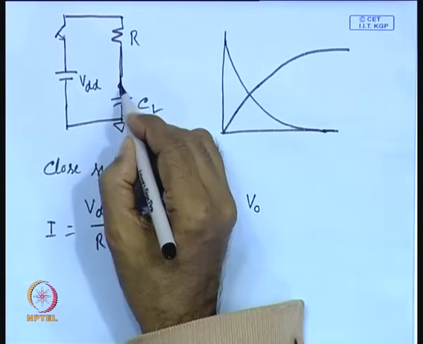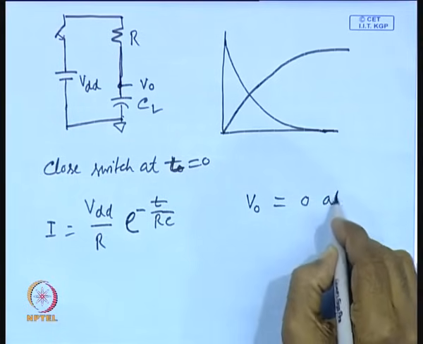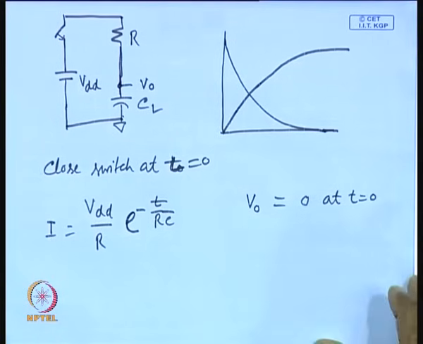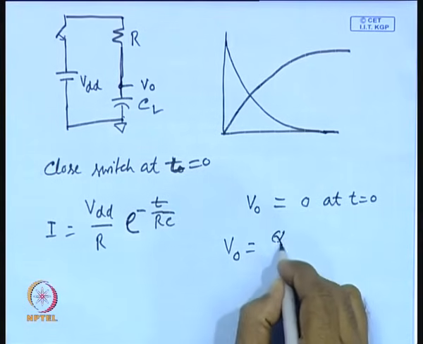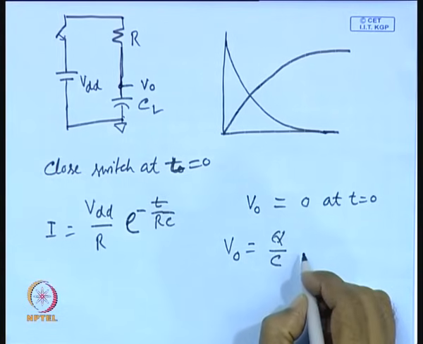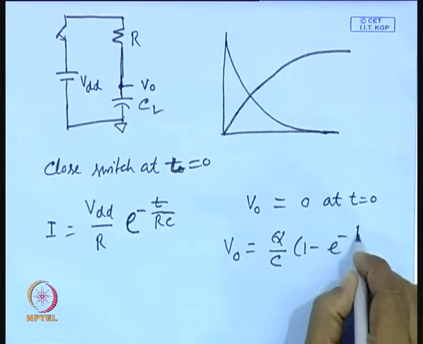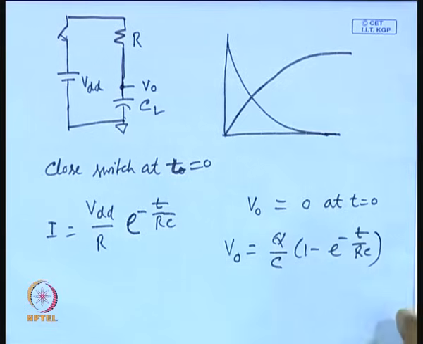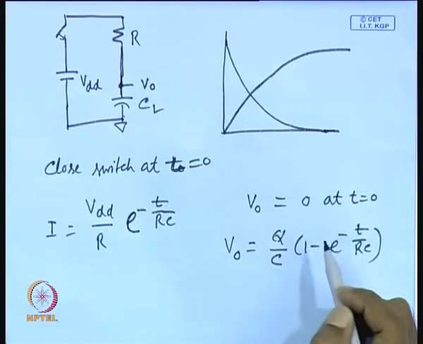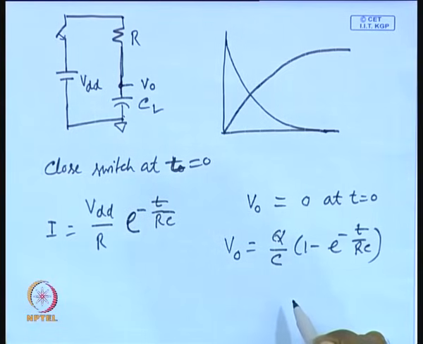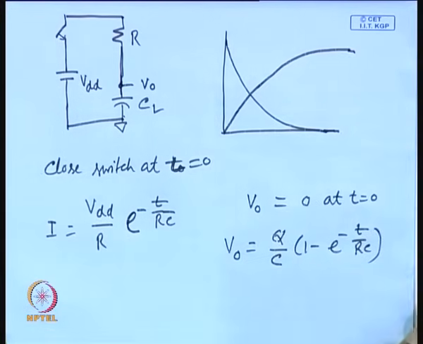Initially it is 0 at t equal to 0, and then V o will be equal to Q by C into 1 minus e to the power minus t by RC. That means the voltage will gradually rise and eventually it will become equal to VDD.